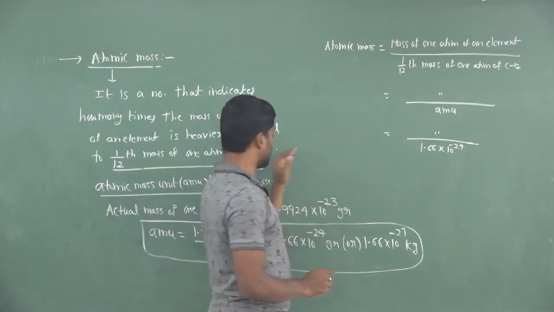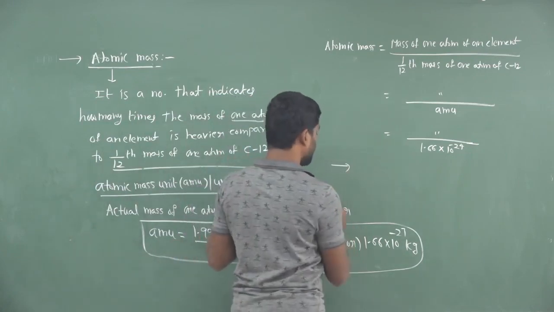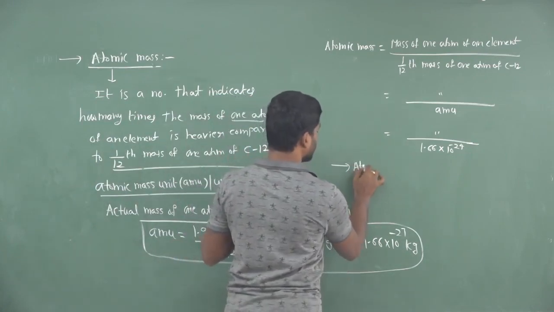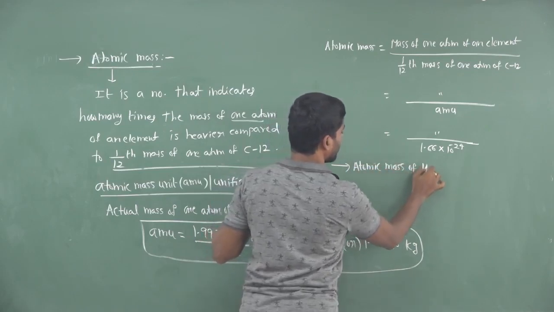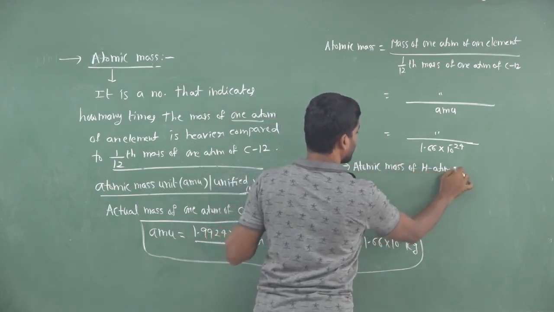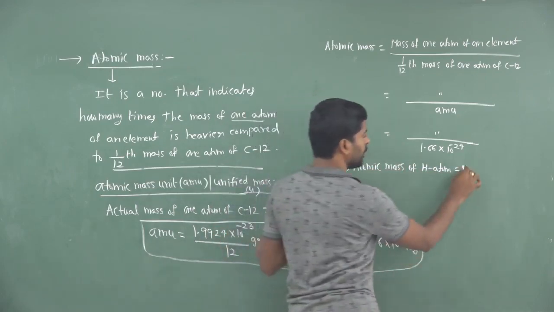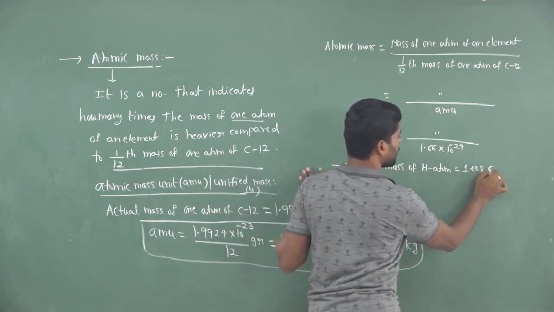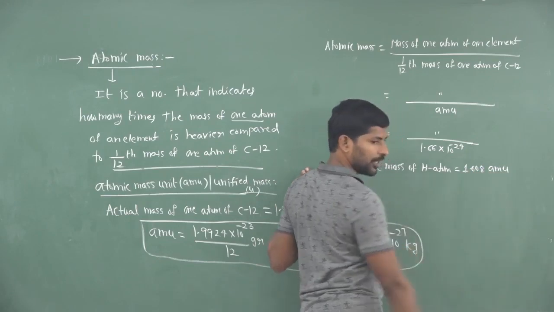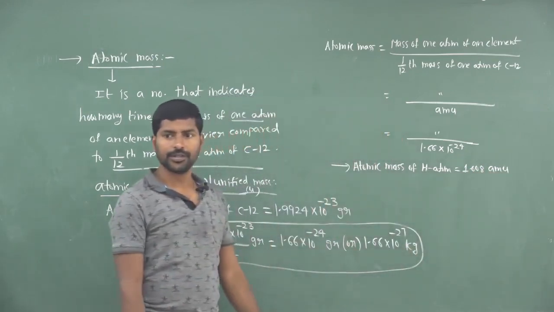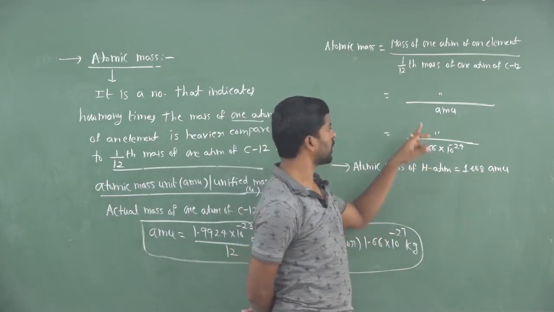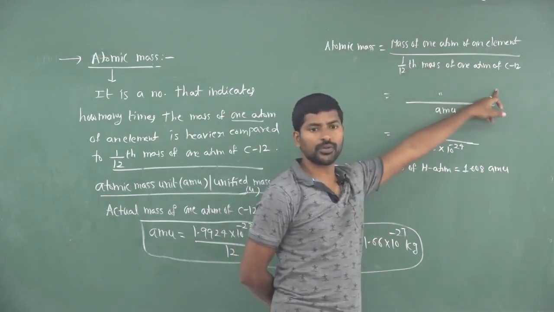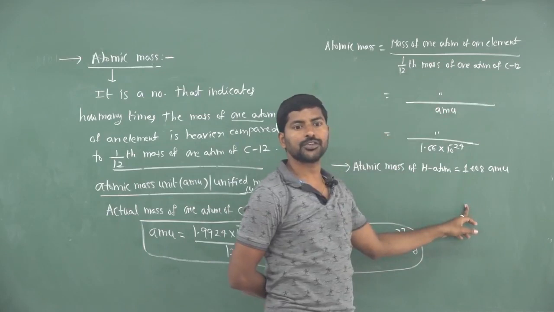if you measure the atomic mass of a hydrogen atom, it is observed to be 1.008 atomic mass units, almost one atomic mass unit. That means the mass of one hydrogen atom is how many times more compared to 1 by 12th mass of one atom of carbon 12? 1.008 times more.